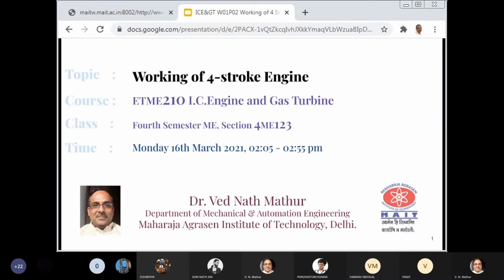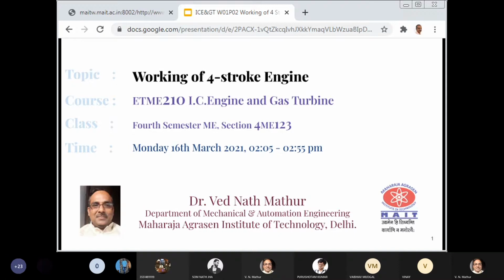So yesterday was our first lecture. It was on introduction of the course, and today we will dive into the first topic, which is on the working of four-stroke engine. Of course, we did cover some portion of the component of IC engine yesterday.